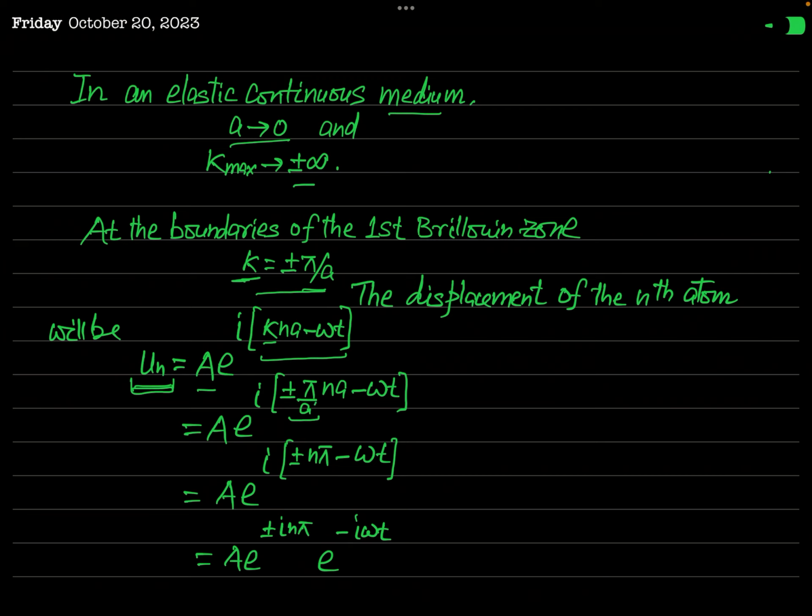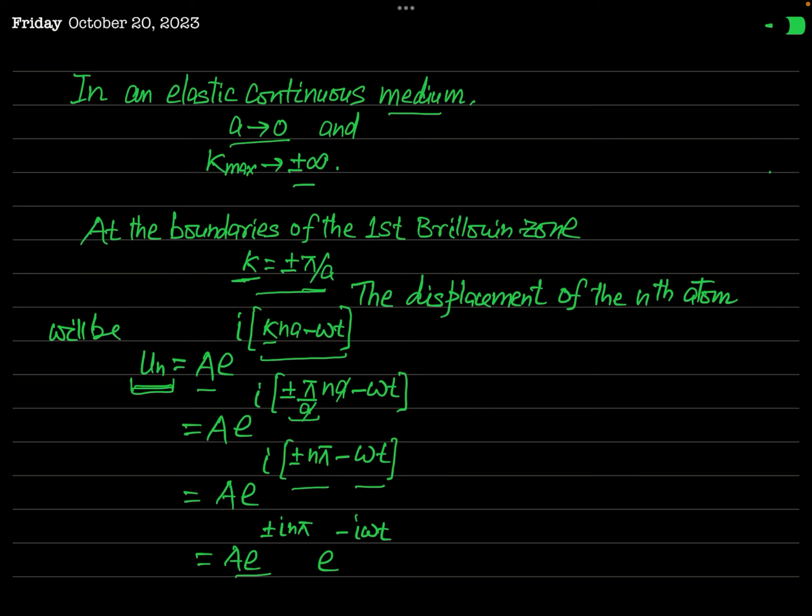Now you can see this a and this a will cancel out, and your result will be A times e to the power i (plus minus n pi minus omega t). This can be equivalently written as A times e to the power plus minus i n pi times e to the power minus i omega t.